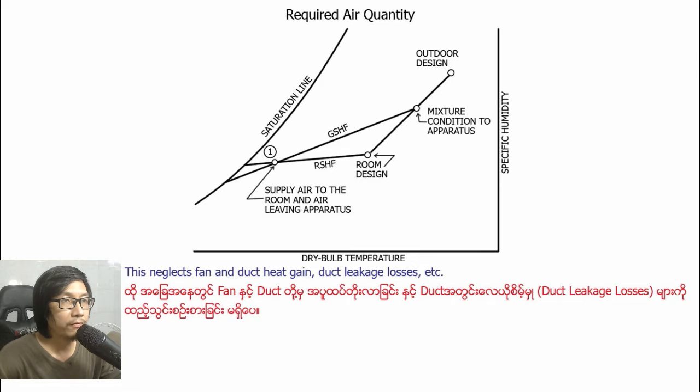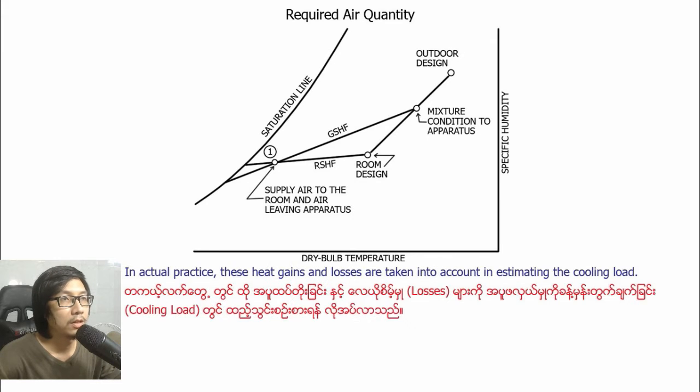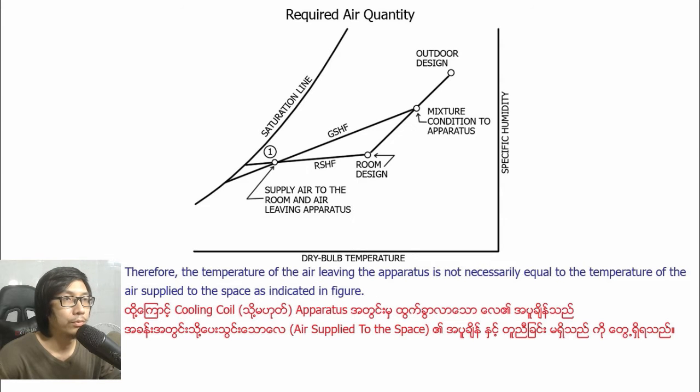This neglects fan heat gain, duct leakage loss, etc. In actual practice, these heat gains and losses are taken into account in estimating the cooling load. Therefore, the temperature of the air leaving the apparatus is not necessarily equal to the temperature of the air supplied to the space as indicated in the figure.